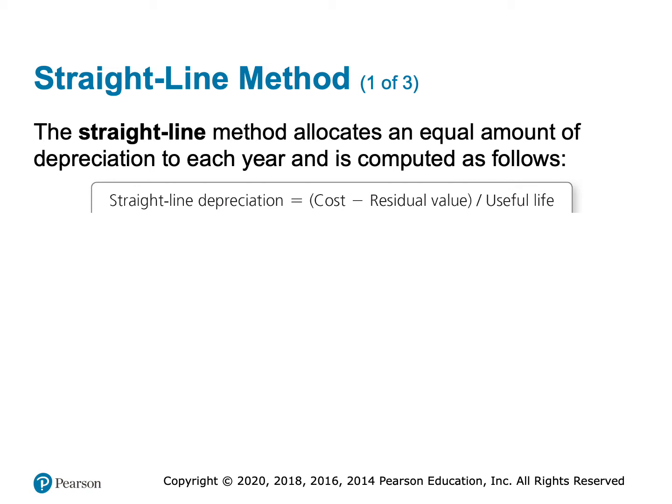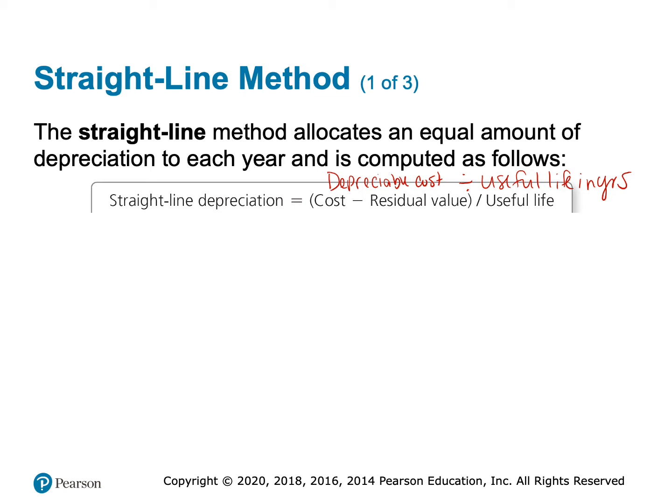So our formula for straight line is cost minus residual value, in other words, what we also know as the depreciable cost, divided by the useful life, and this is useful life in years. Okay, so in our scenario, the cost of the truck was $41,000 and the residual value was $1,000.